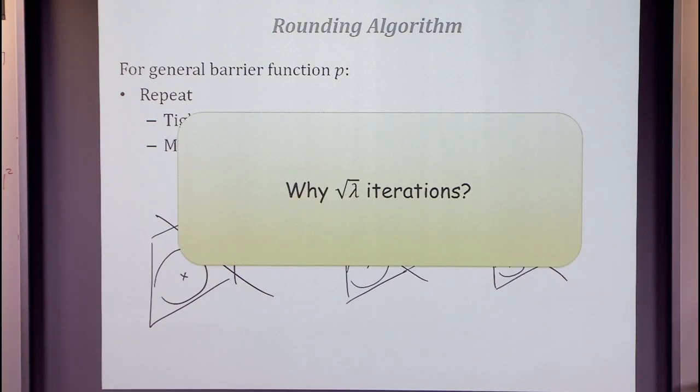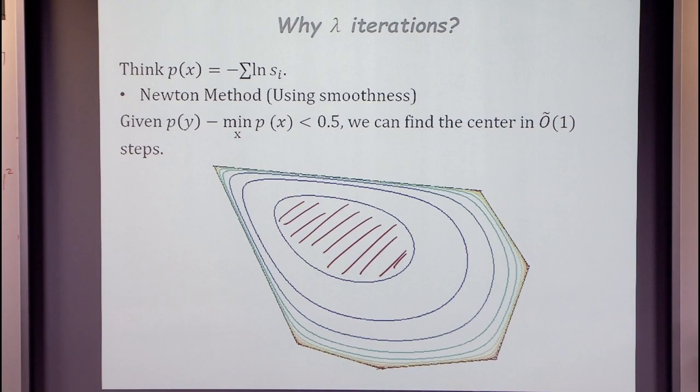But why? Oh, I missed a slide there. Given a lambda self-concordant barrier function, the theory will give you an algorithm to solve interior point in square root lambda iterations. But why is it square root lambda? However, in this talk, I will try to avoid any proofs, so I can only give you a lambda proof.